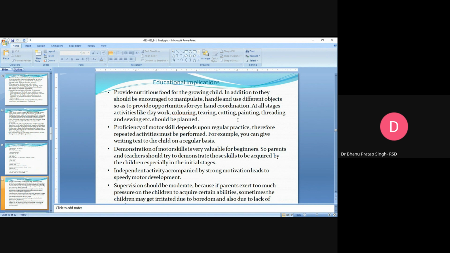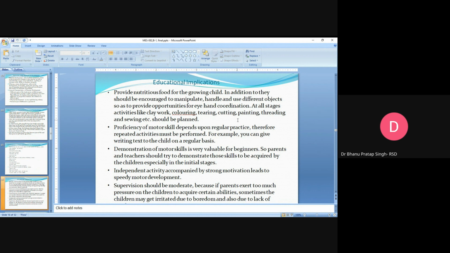In addition, they should be encouraged to manipulate, handle, and use different objects so as to provide appropriate opportunities for eye-hand coordination at all stages. Activities like clay work, coloring, tearing, cutting, painting, threading, and sewing should be planned. So these are the educational implications. Means as a teacher for a particular age group, we should give these kinds of activities so that their physical development, mental development, and other development could take place.